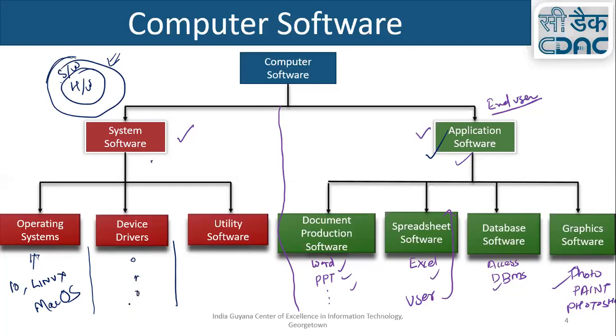Like if you buy an external hard disk, you get a particular driver with that hard disk. And then some utility software, like your task manager or terminal, command prompt. These are some utility software.